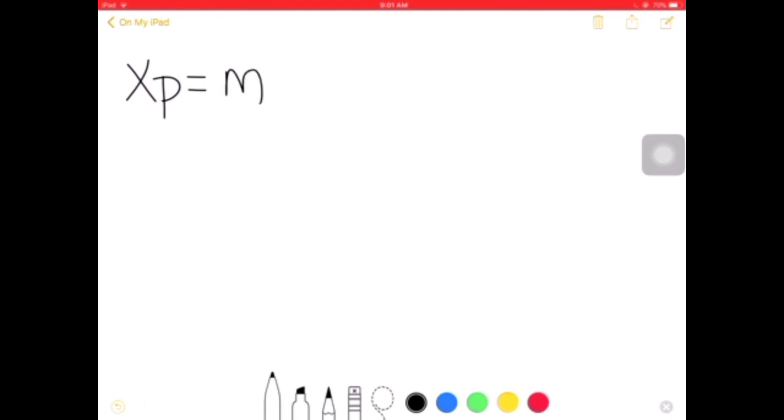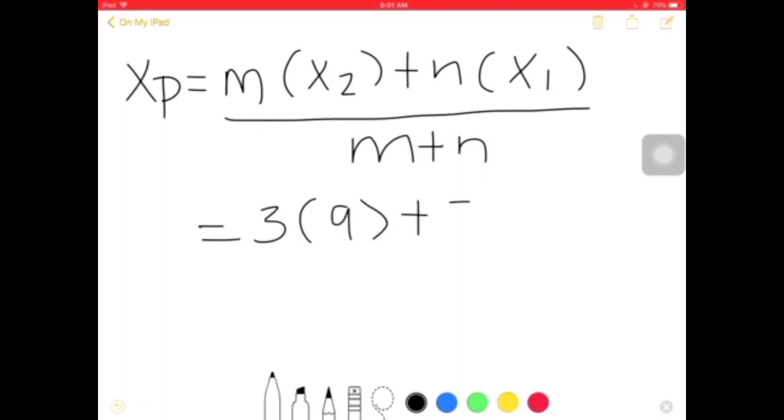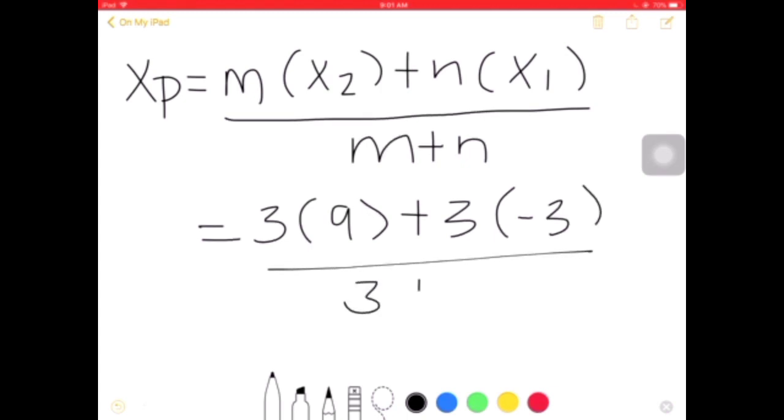X sub P equals M times X sub 2 plus N times X sub 1 over M plus N. This is the formula for getting the X sub P. 3 times 9 plus 3 times negative 3 over 3 plus 3 is what our equation should look like.